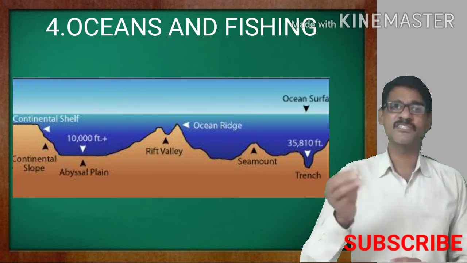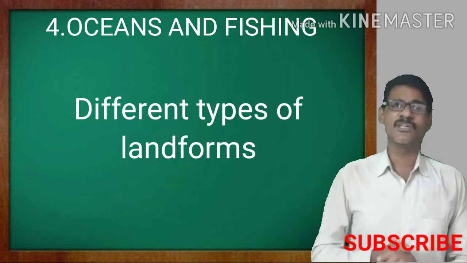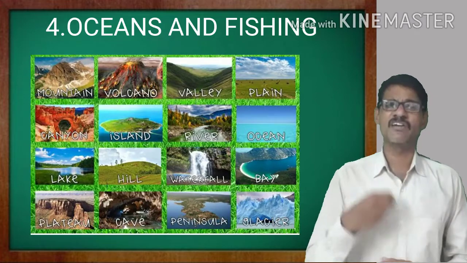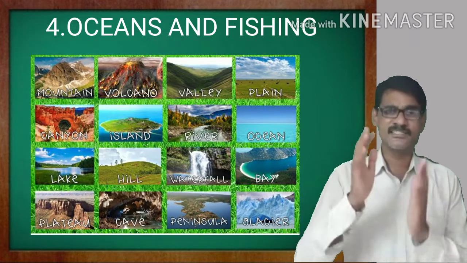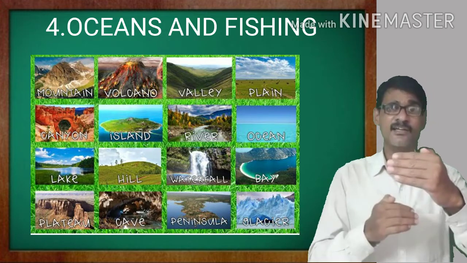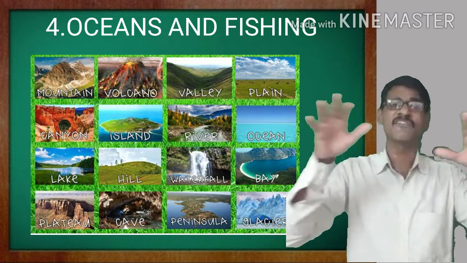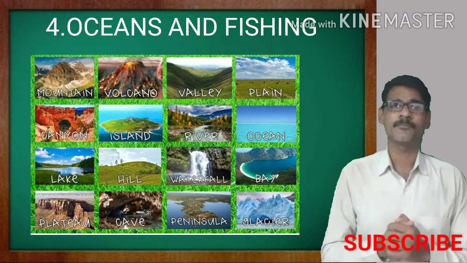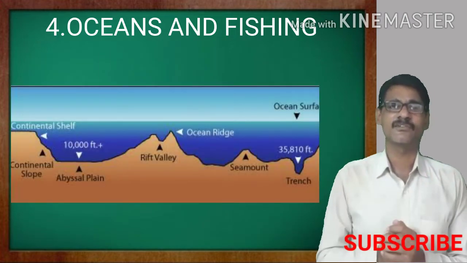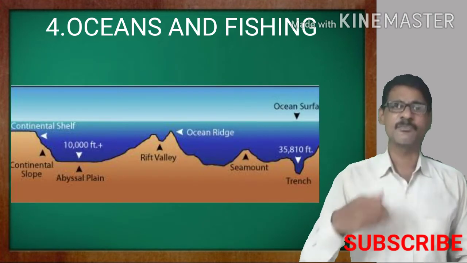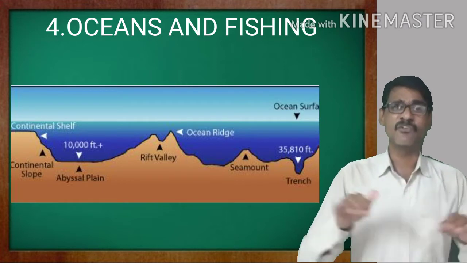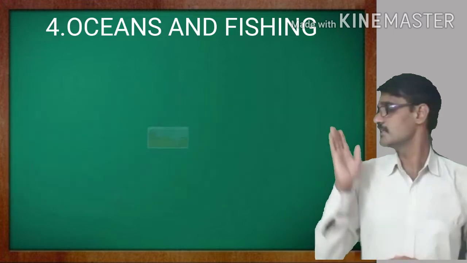We know the mountains, hills, plateaus, plains, valleys on the earth's surface. In the same way, under the surface of water also, we have the same type of relief. You can see hills, mountains, plateaus, plains and trenches, valleys in the sea floor also. We can see this ocean relief.